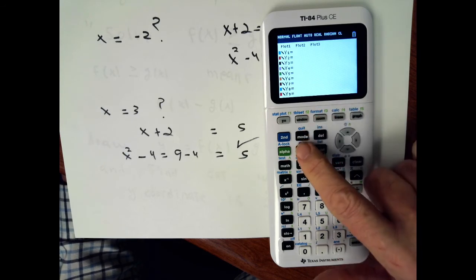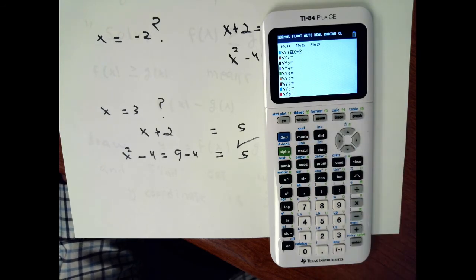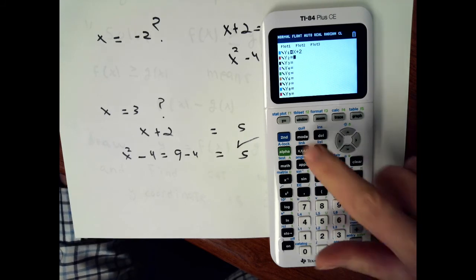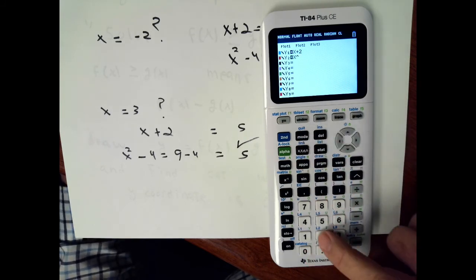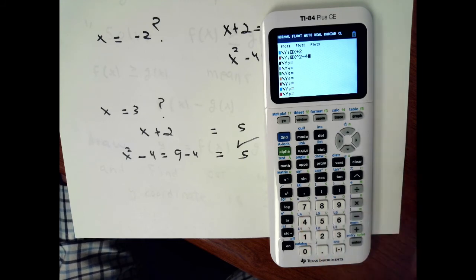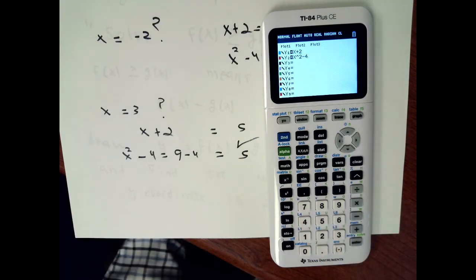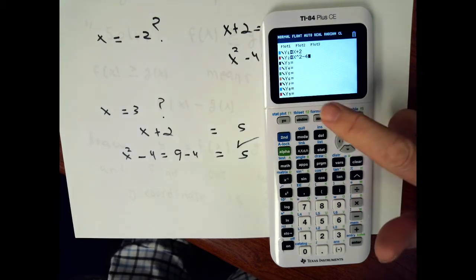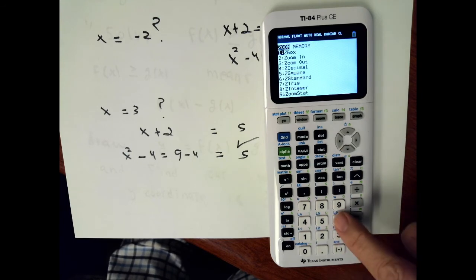One of my graphs is going to be y equals x plus 2. The other is going to be y equals x squared minus 4. I'm not subtracting them this time. I'm just drawing the graphs separately. So I'll try the standard viewing window.